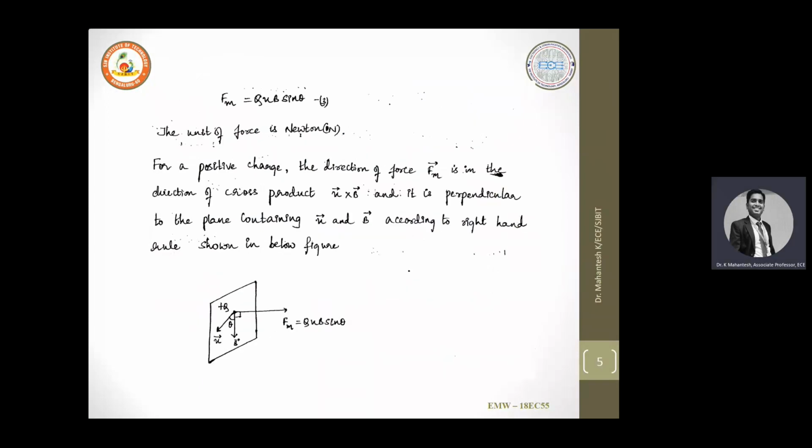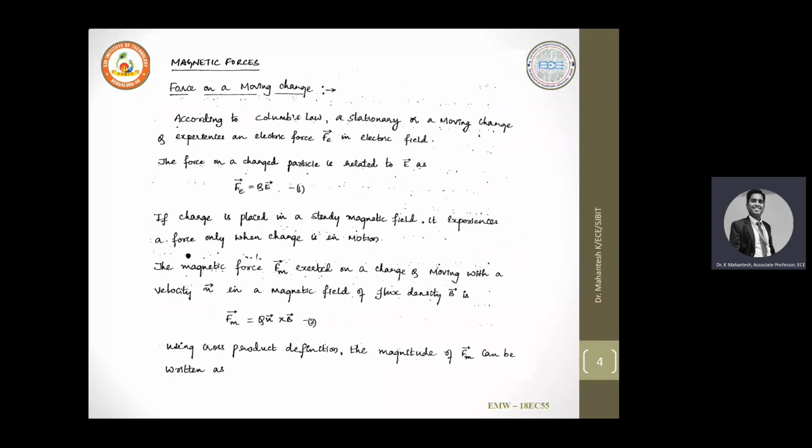The unit of magnetic force is newtons. So here you can see the magnetic force is exerted on a charge Q moving with a velocity v. That means a charge placed in a steady magnetic field experiences a force only when the charge is in motion.